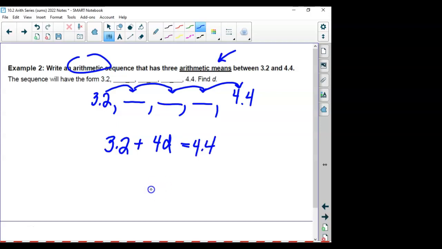Can you solve that? And then you go back and add that difference to find those missing terms.